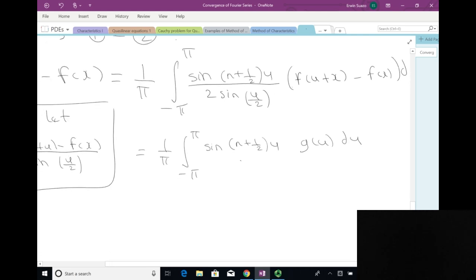Now does it look familiar? This is sine of something times g of u, right? So this is the integral between minus pi and pi, 1 over pi sine u. I could call this guy the inner product of g with, let's call this phi sub n.